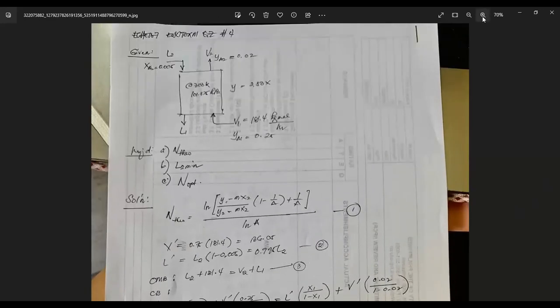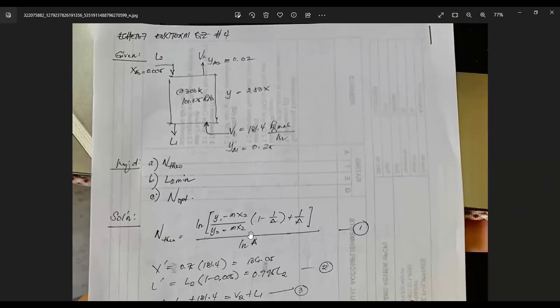So this is your schematic diagram for your gas absorption process. Your gas is always introduced at the bottom. It leaves at the top. Your solvent is introduced at the top, leaves at the bottom.